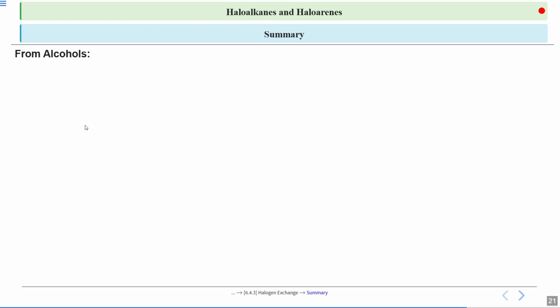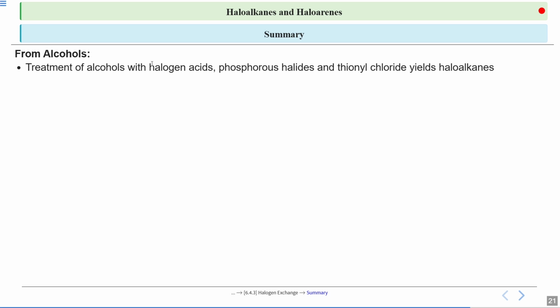Let's see the summary of what we have covered today in our lecture. Firstly, we covered the preparation of haloalkanes from alcohols. Treatment of alcohol with halogen acids, phosphorus halides, and thionyl chloride yields haloalkanes. Phosphorus halides include phosphorus trihalides and phosphorus pentachloride.